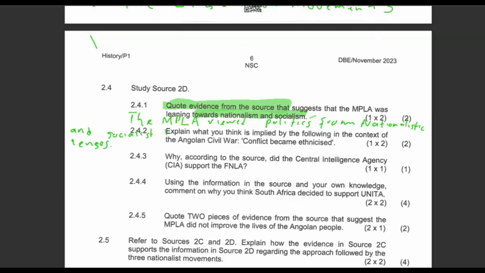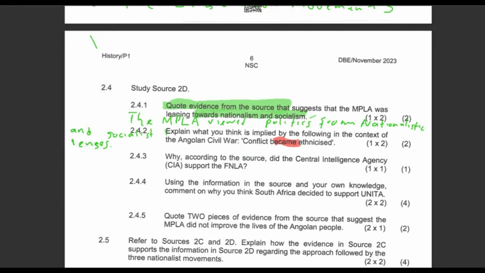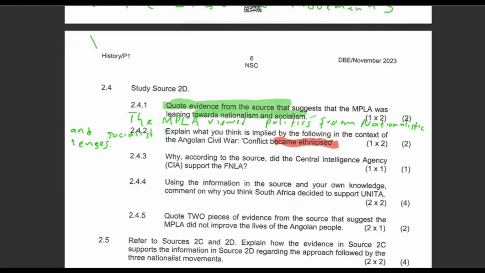Now moving on to the next question, which is question 2.2.4. Explain what you think is implied by the following in the context of the Angolan War: conflict became ethnicized. So in this case, we need to highlight the word ethnicized so that we can address fully the demands of the question. All right, conflict became fully ethnicized. When you look at ethnicity, we are looking at people's culture. So it means that the war was now based on ethnic differences.